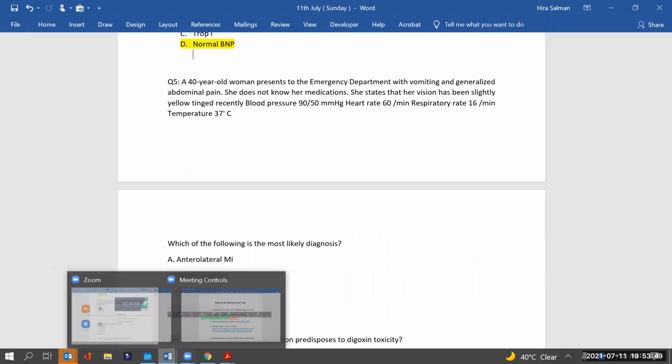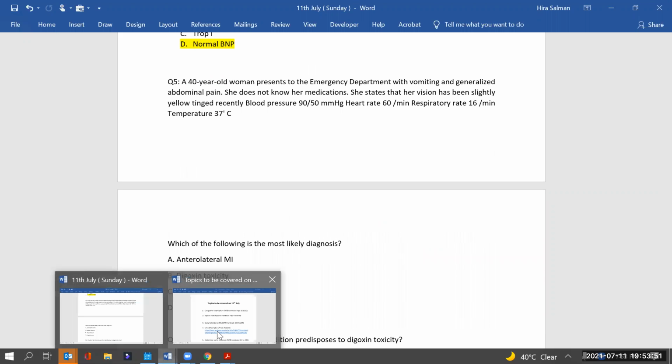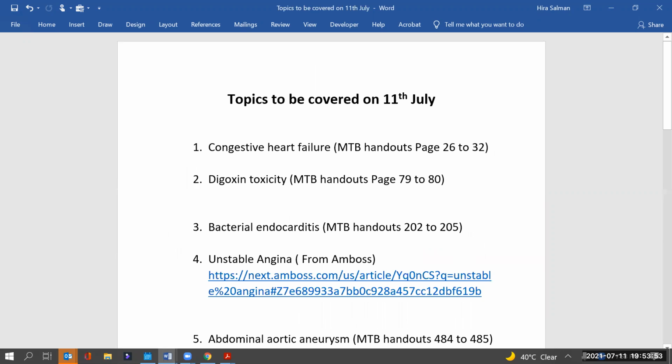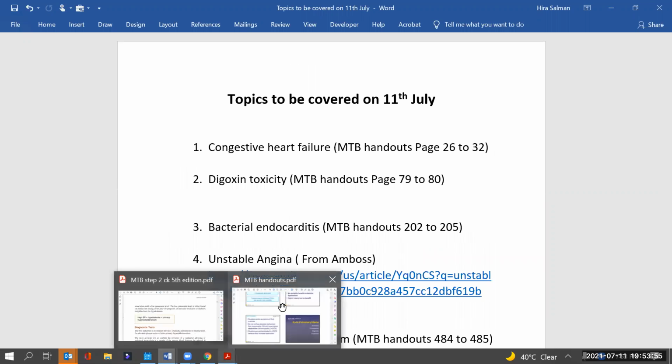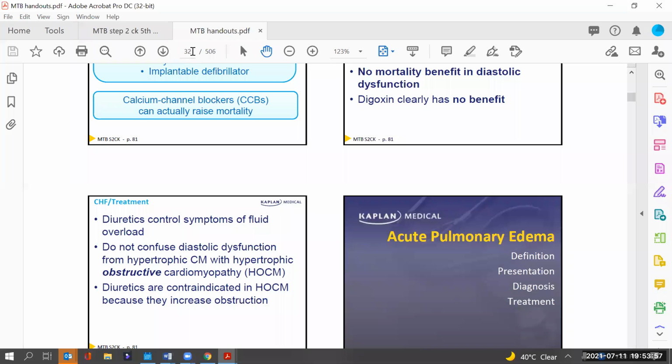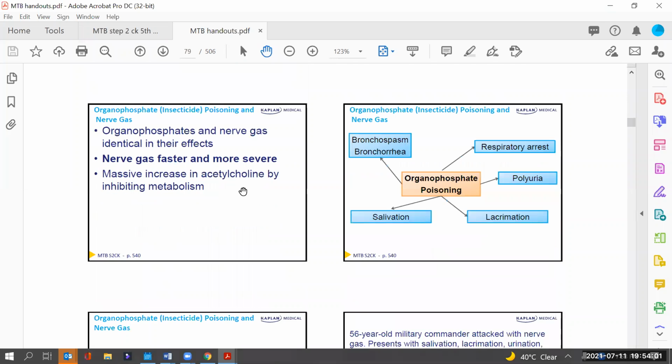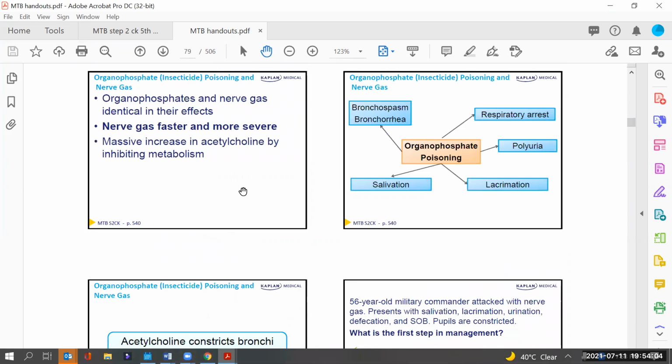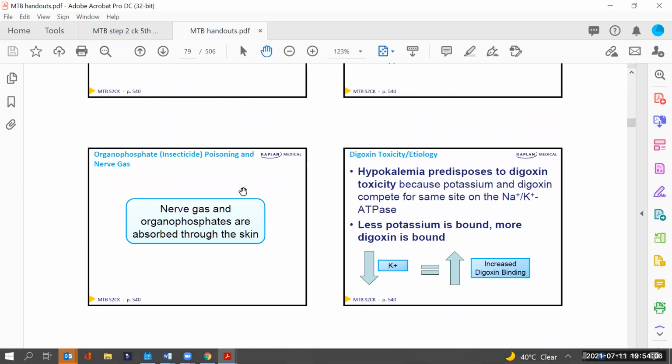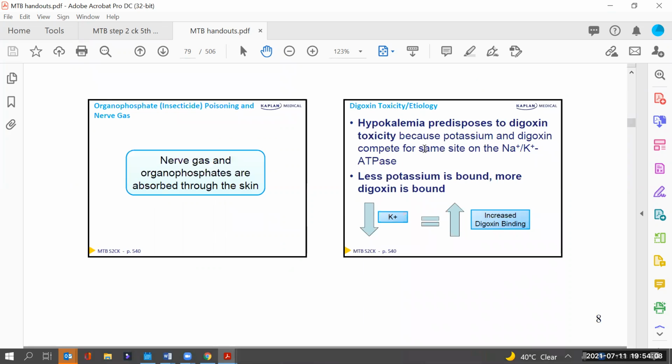Now for the next one, we have to go for digoxin toxicity. Okay, page number 79. Digoxin toxicity. Very important recall for digoxin toxicity. There are 3-4 very important recalls.